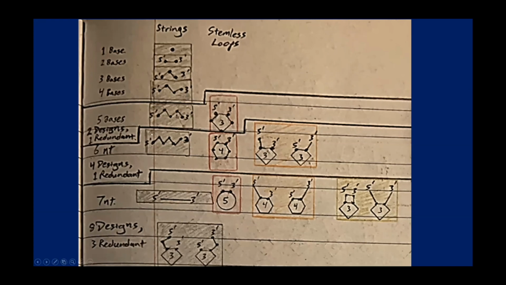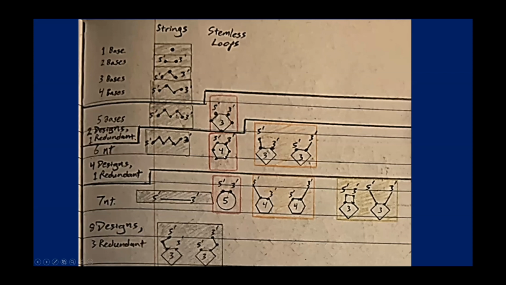And as we add a single base, it turns out that there are categories of designs, and this is a pattern that I noted. I'm sure there are other patterns, but this is the one I picked up on: the design you have for, let's say, 5 bases, when you go to 6, the design from 5 gets ported over, but with a hairpin that's 1 base longer. And the same goes with this set here.